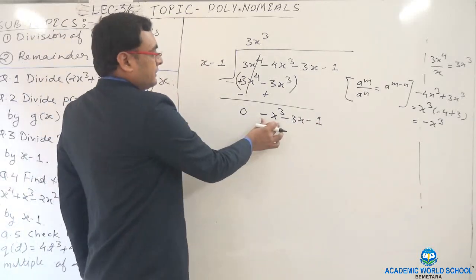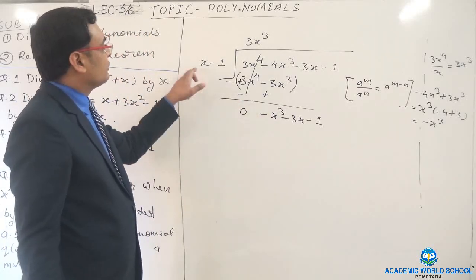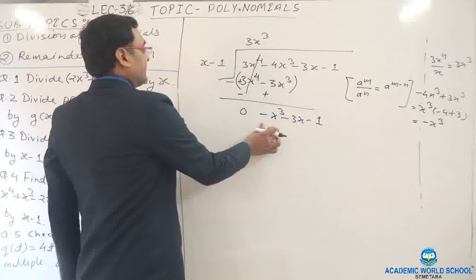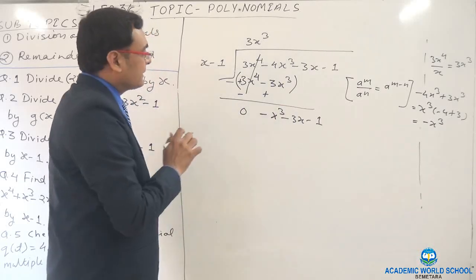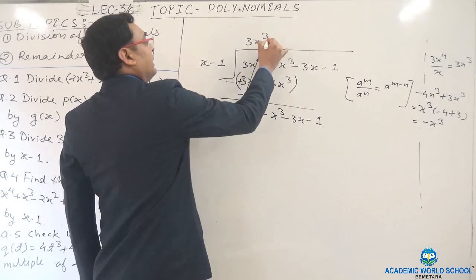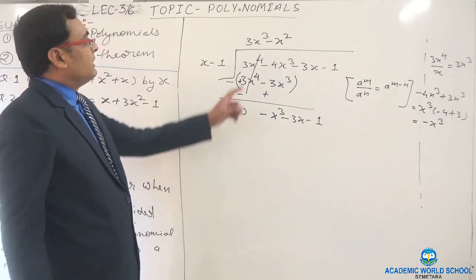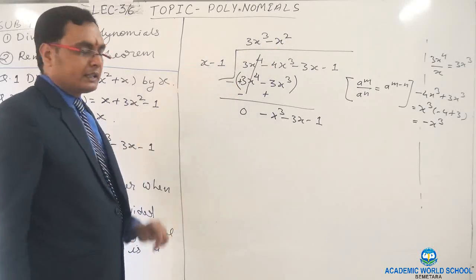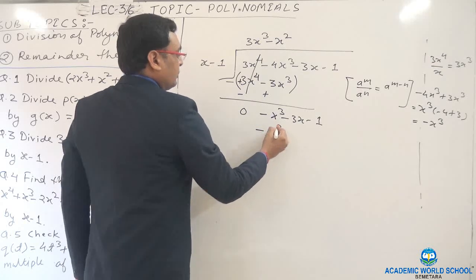Now this is our term having the highest power. We will divide minus x cubed by x. Minus x cubed divided by x is x to the power 3 minus 1, we will get x to the power 2, with minus sign, so minus x squared. Multiply this minus x squared with x. Minus x squared into x is minus x cubed.